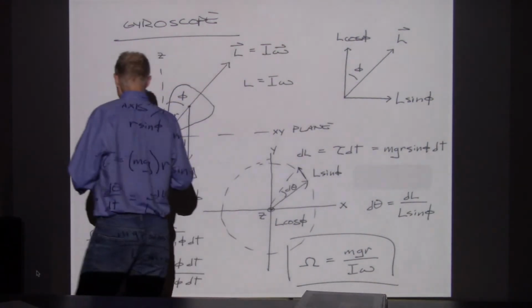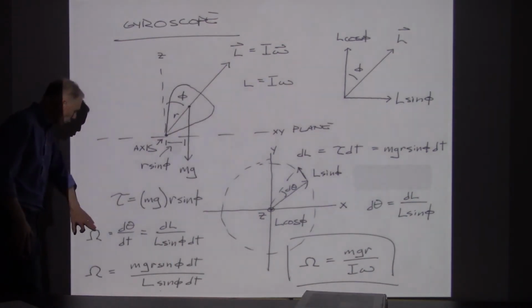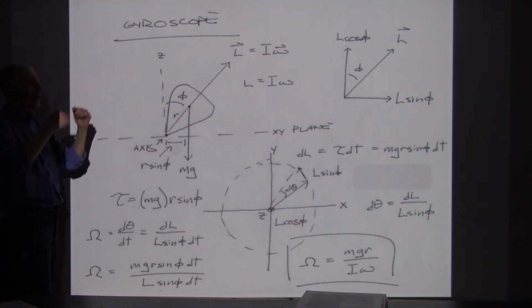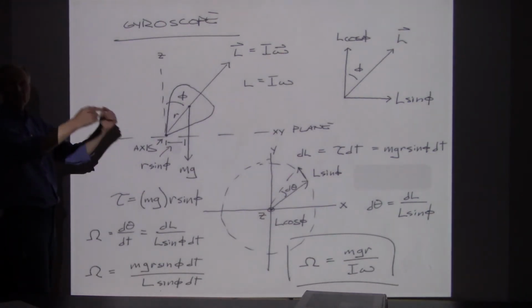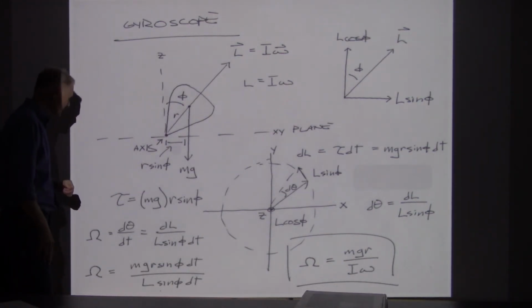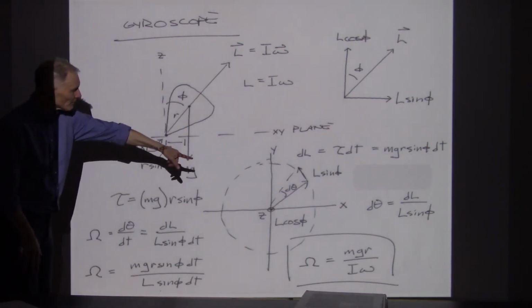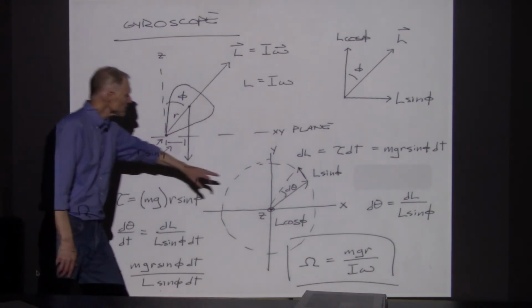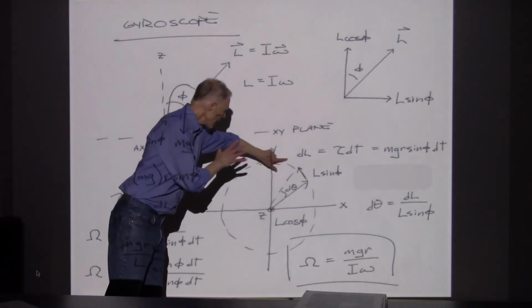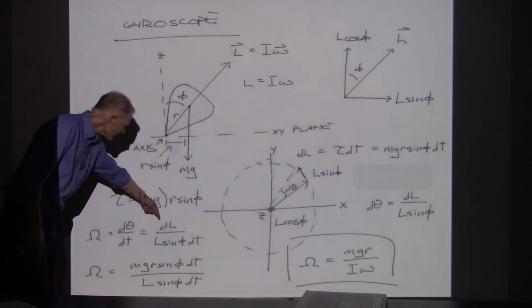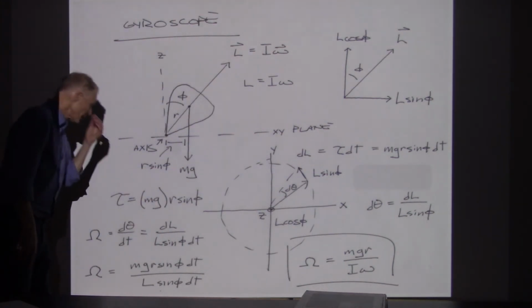So there's going to be a precession rate. So omega, this is capital omega, is keeping track of how rapidly the precession occurs for a top. That turns out to be d theta dt from the diagram that we have here. This is keeping track of a top view of precession of my top. That's going to be given by dL over L sine phi dt.